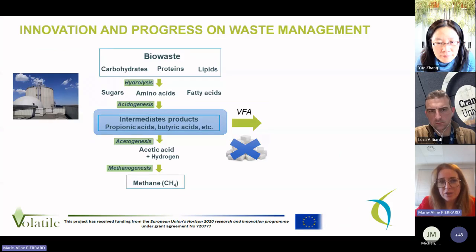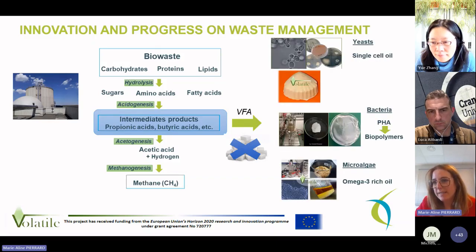About anaerobic digestion, the normal process is that we go up to the final product, which is the methane, to burn it to get electricity and heat. But here in the first project, we decided to stop at the volatile fatty acids, and then we gave it as new food for some microorganisms of industrial interest, so the yeast or the bacteria or the algae.